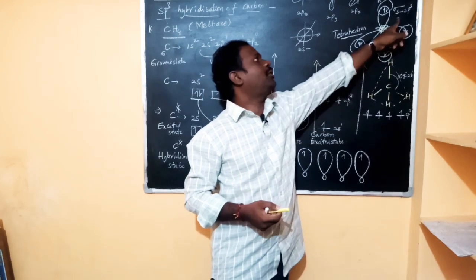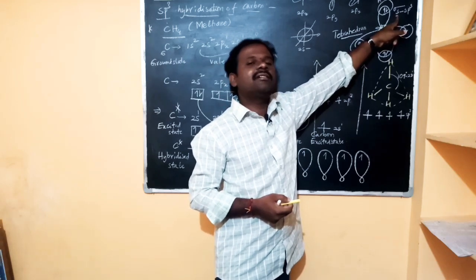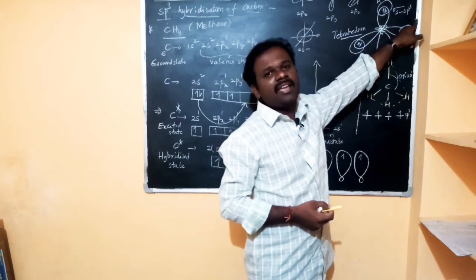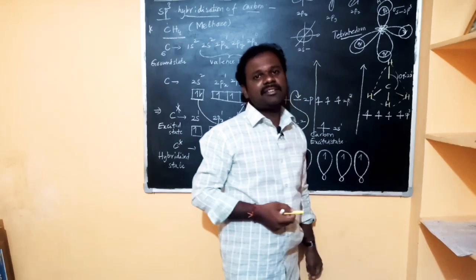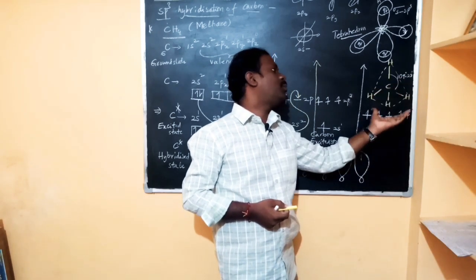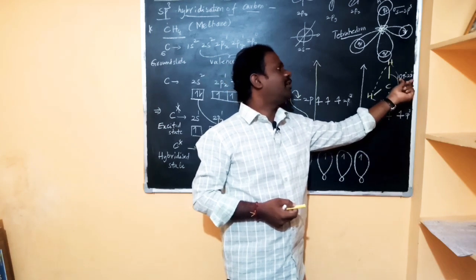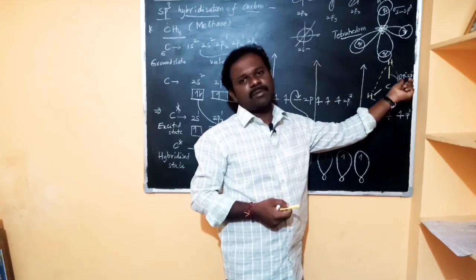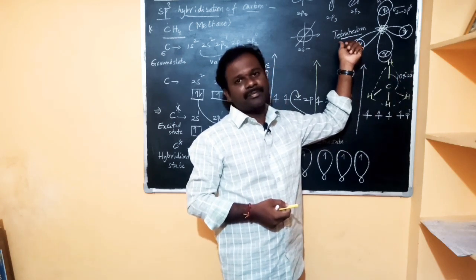There are 4 equivalent sigma bonds formed by the overlapping of the s orbital of the hydrogen atom and the sp3 hybridized orbital of the carbon atom. There is a possibility of 4 bonds which are equally separated by 109 degrees 28 minutes, and the shape of the molecule will be tetrahedron. Thank you.